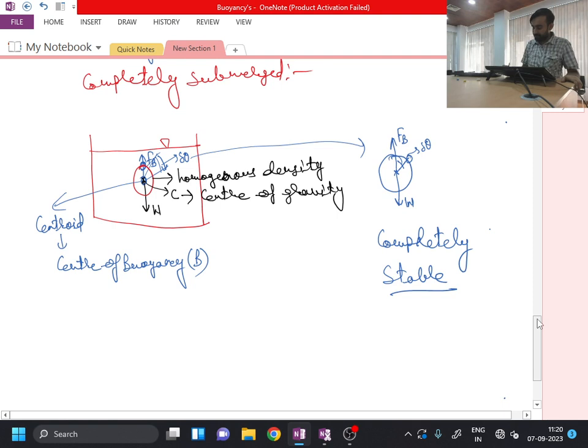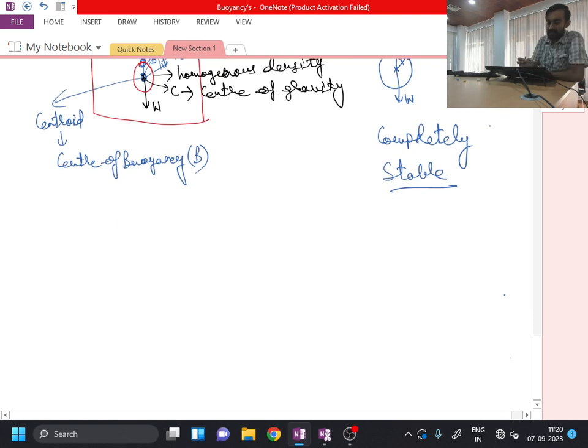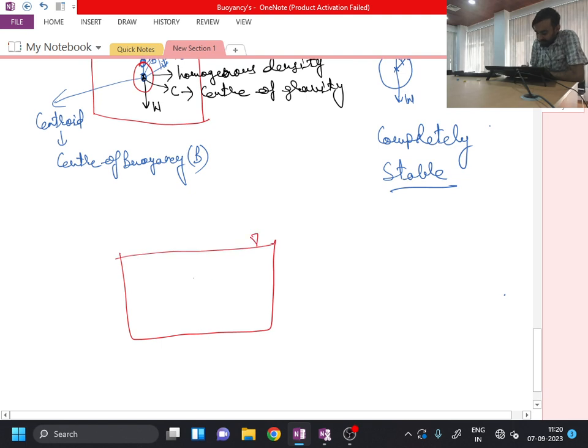On the contrary, consider a body which is fully submerged, but the distribution of its weight is not homogeneous. It has higher density near the top portion, and near the bottom portion its density is low.